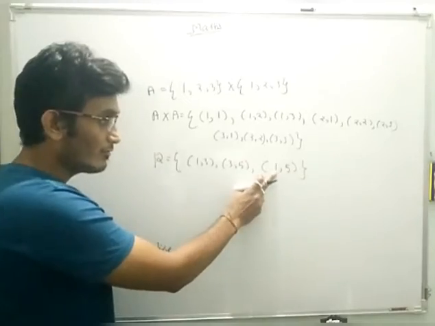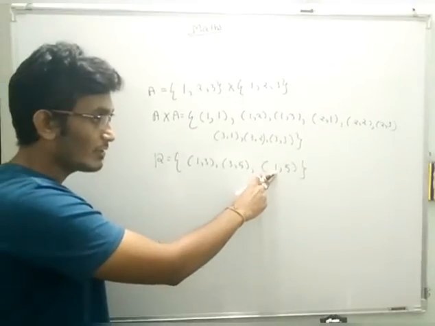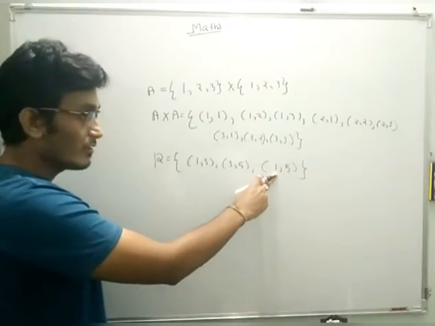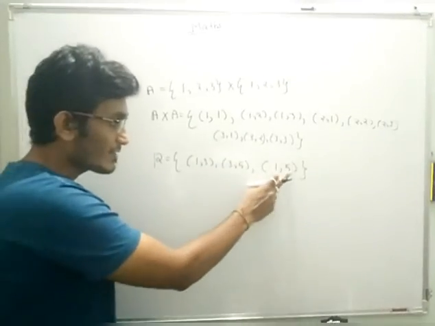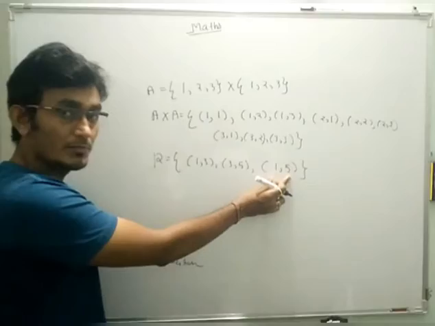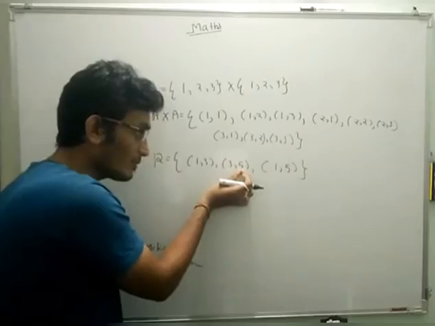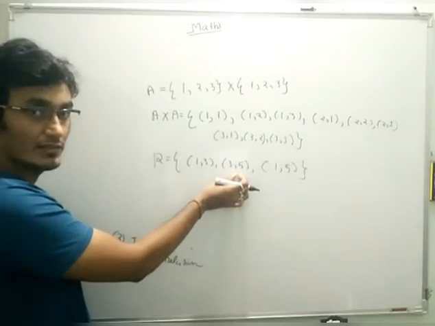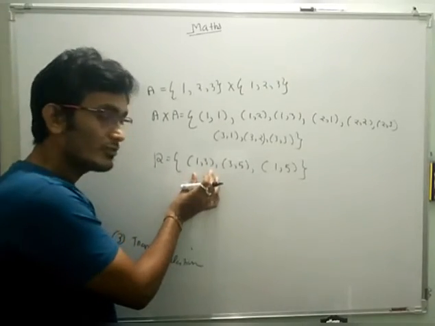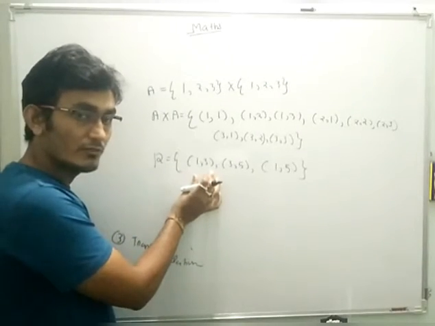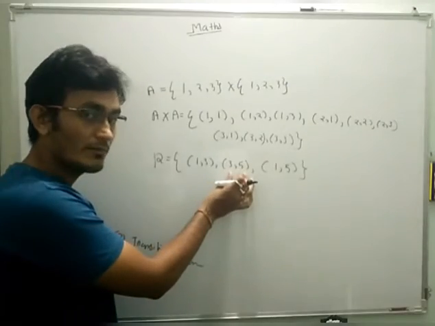And what is the condition? The first element of the third ordered pair should be the first element of the first ordered pair, and the second element of the third ordered pair should be the second element of the second ordered pair. So how can you define a transitive relation? (1, 3) is the ordered pair. What is the related ordered pair? (3, 5).